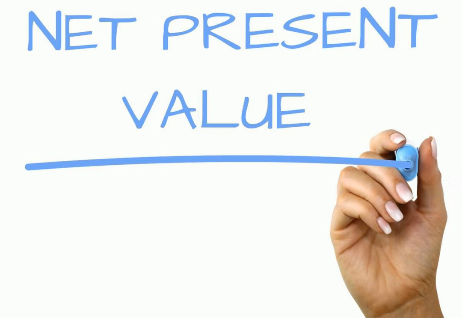According to this method, we can rank a project as number 1 if it has the highest accounting rate of return, and lowest rank would be assigned to the project with lowest accounting rate of return.